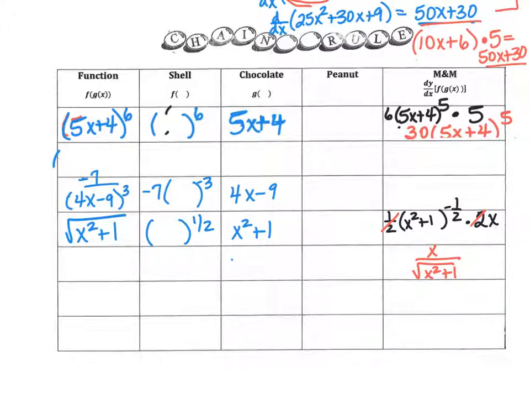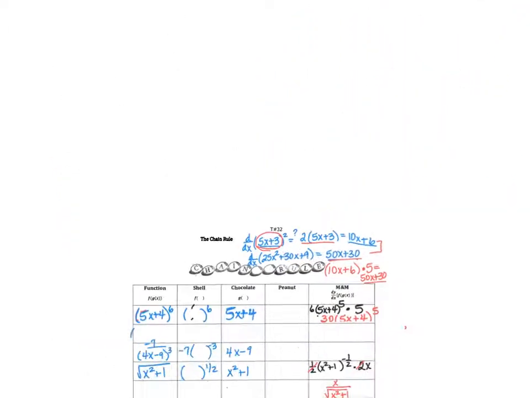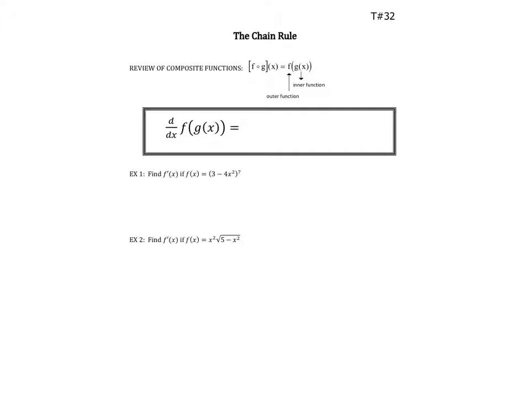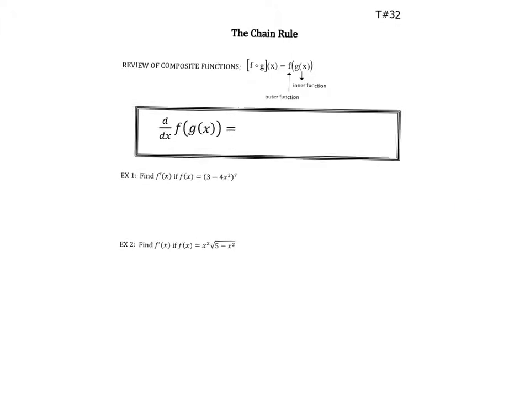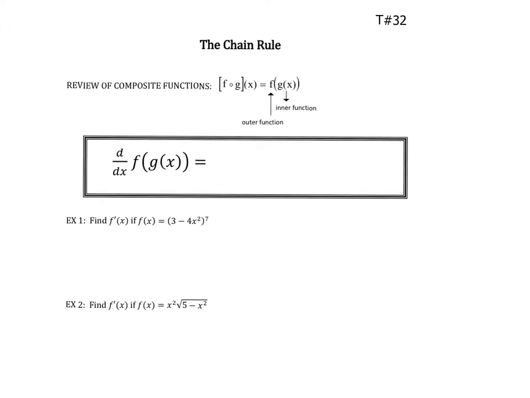So what was the formula? If you looked at f and g, here's what the formula actually is. Where's my other sheet? Okay, so what did we do to get that derivative?